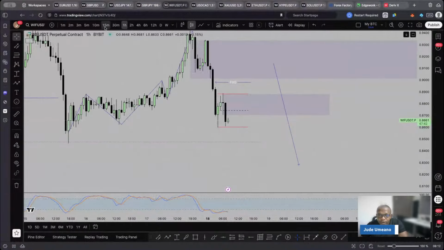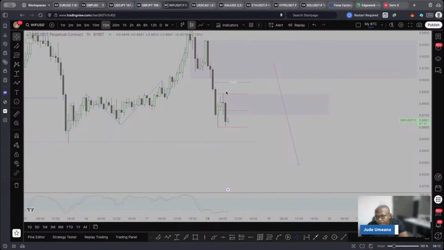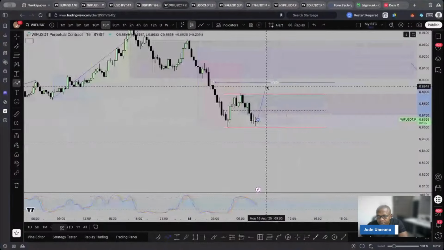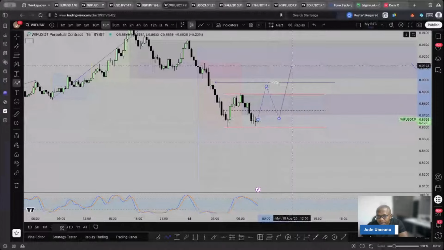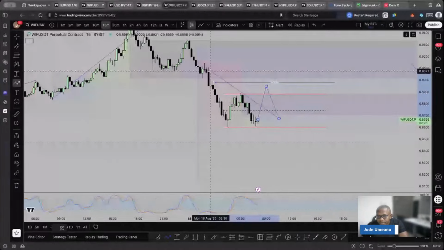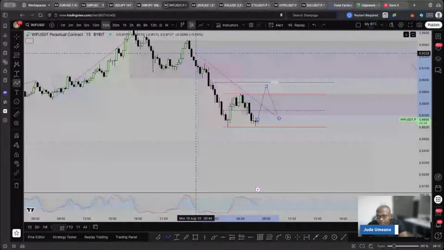So if we're on the 15 minutes now and we have a break above this, a demand zone here to take it higher to this point, maybe target this particular one and leave this one, then we might possibly go down from here.